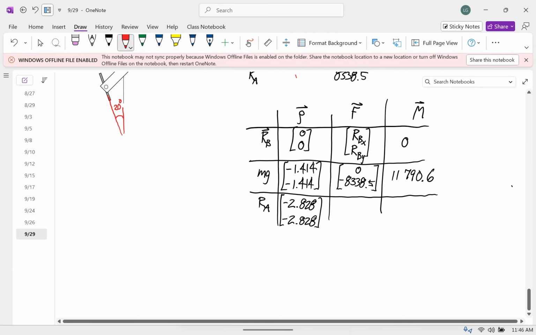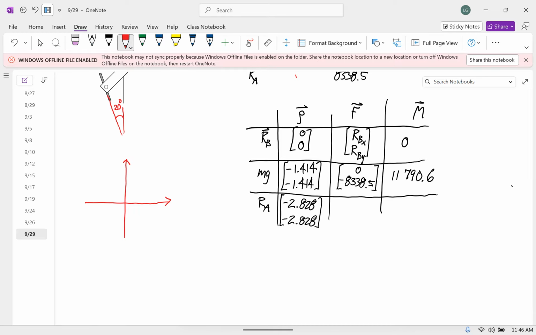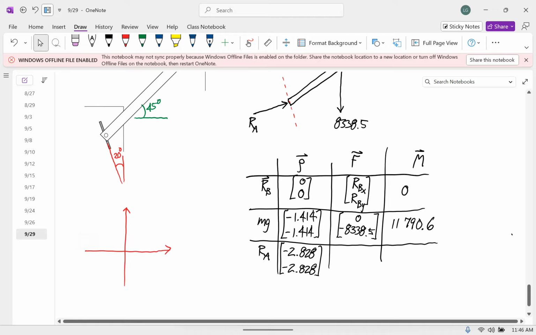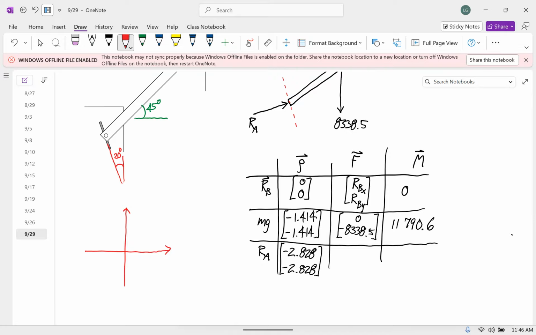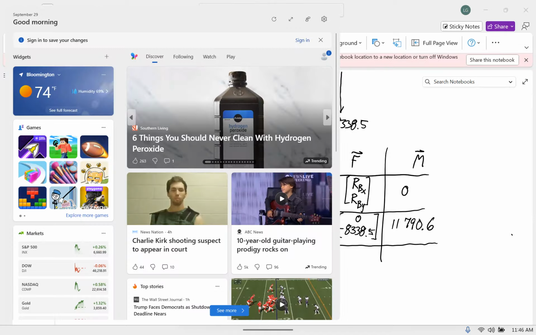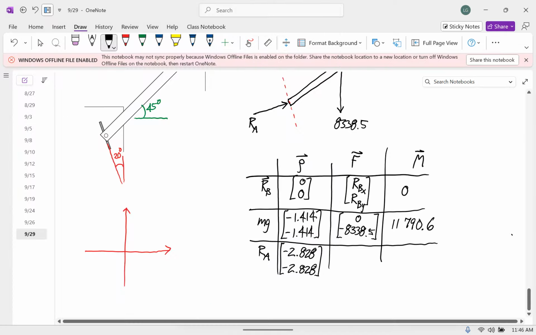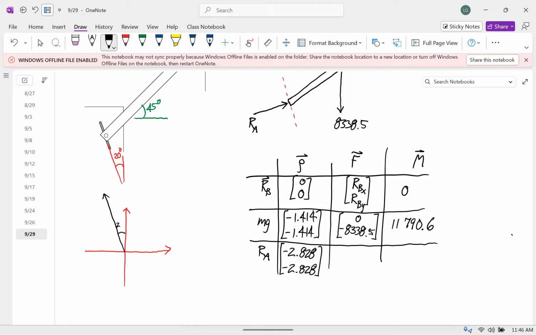Okay, so here's a coordinate system. We know that the slot is 20 degrees from the vertical, like it's shown here. So I'm going to draw a vector like this, where this angle is 20 degrees.